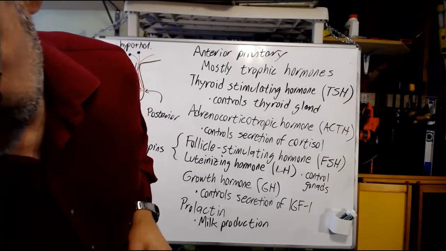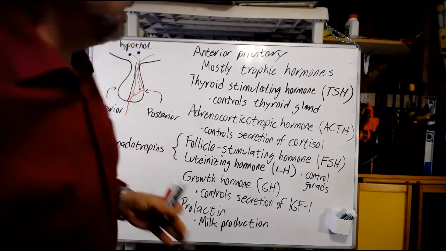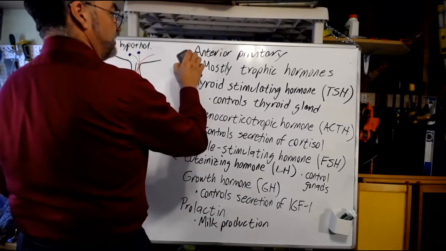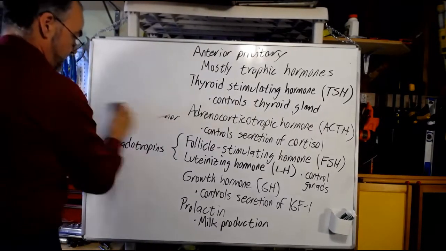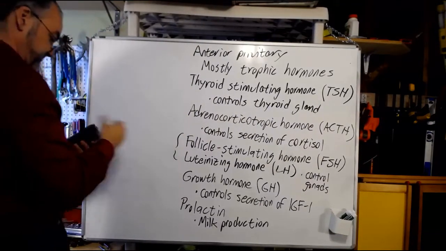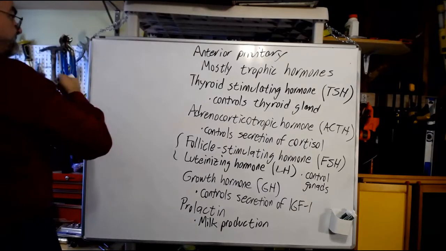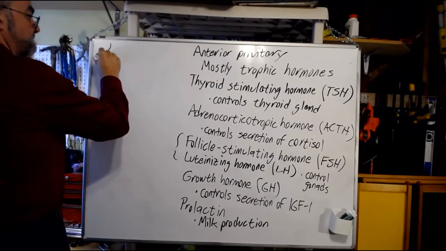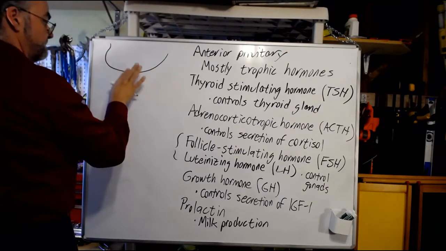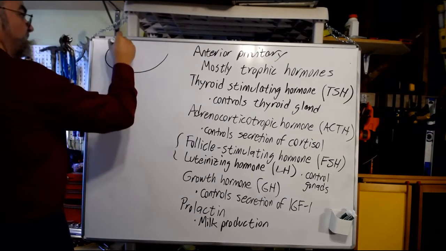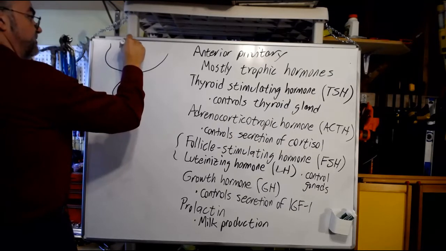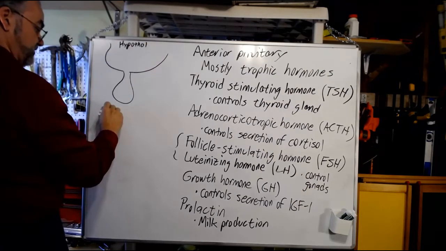So, let's take a moment here to look at that. So I'm going to zoom this out just a bit. So now here's our hypothalamus, and here's our pituitary gland.